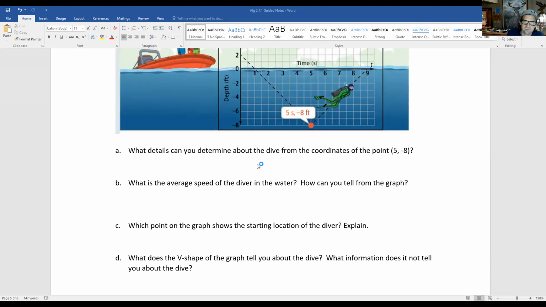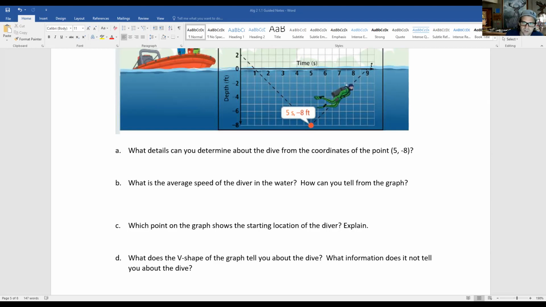Okay, what is the average speed of the diver in the water? Okay, well, let's see here. The way we can figure out speed is to calculate the distance over time. I'm going to try to change my color here. Ooh, technical difficulties. Speed is distance over time.